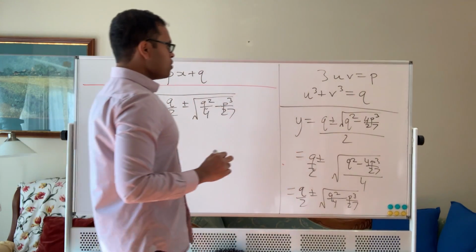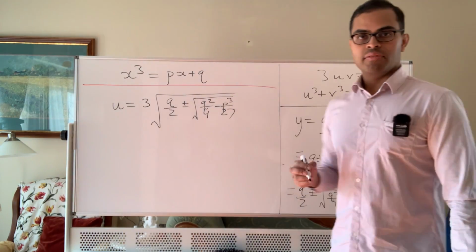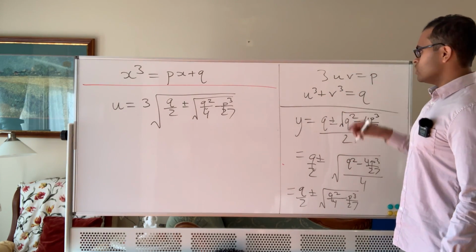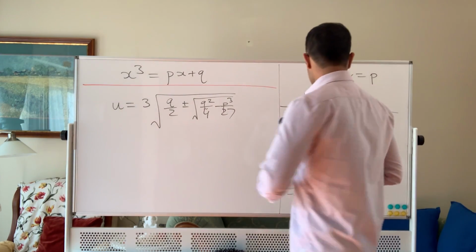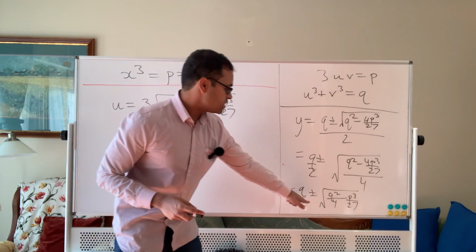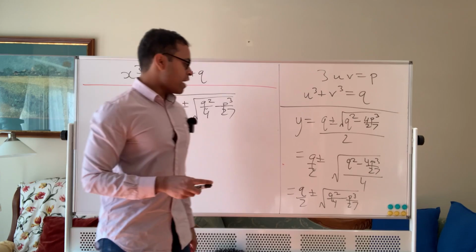Okay. Now, quick comment: what is v going to be, right? v is going to depend on u. We can use this equation, u cubed plus v cubed is q. So if u cubed is y, remember y was equal to u cubed, then v cubed is q minus u cubed.